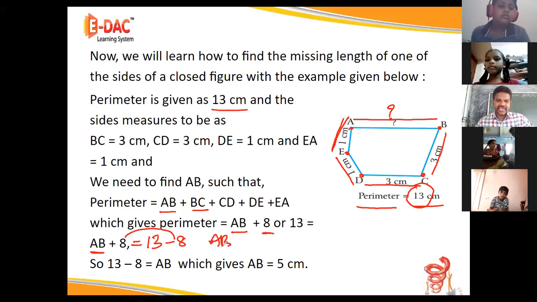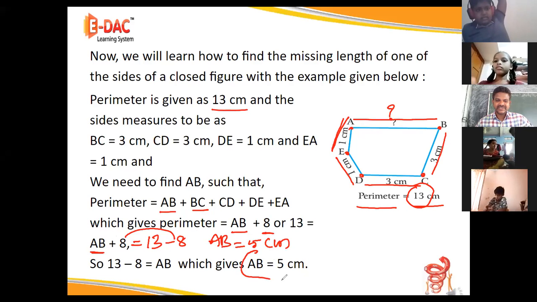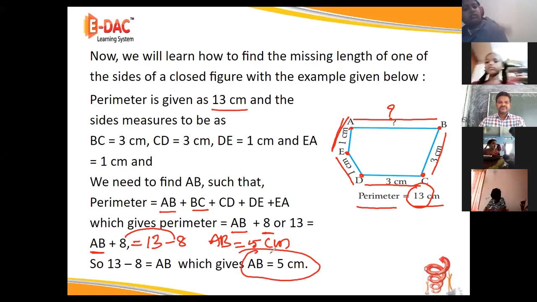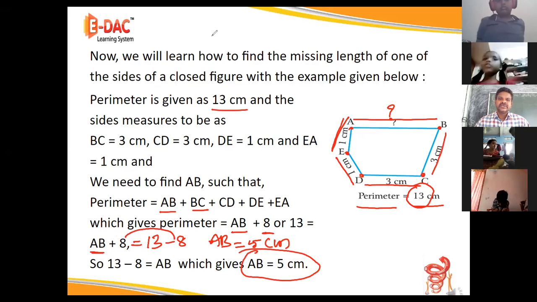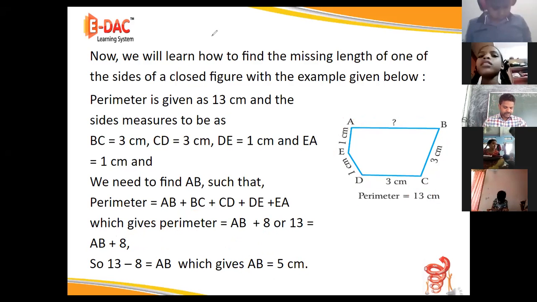That gives AB. AB is equal to 5 centimeters. చూసారు కదా, ఇలా మనం ఏదన్నా లెంత్ మిస్ అయితే, if the perimeter is given and any missing length is asked, then you can find it this way. And we'll go now.